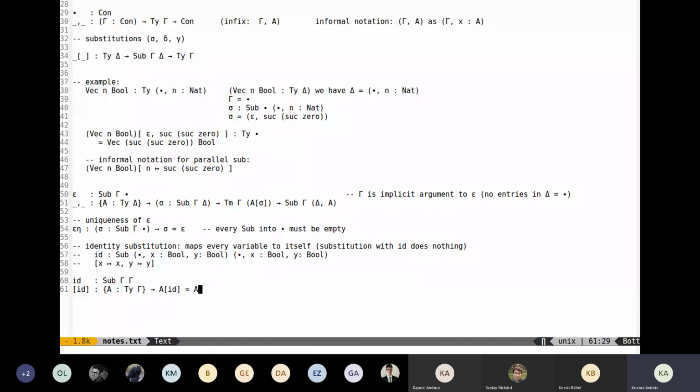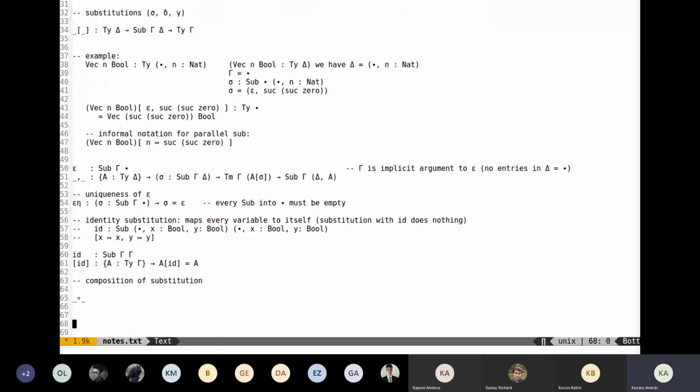So we have this identity substitution, and we also have a composition of substitutions. We call it like this. If we have a substitution from delta to sigma, and we also have a substitution from gamma to delta, then we have a substitution from gamma to sigma.